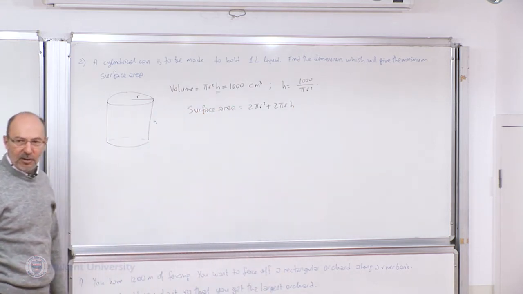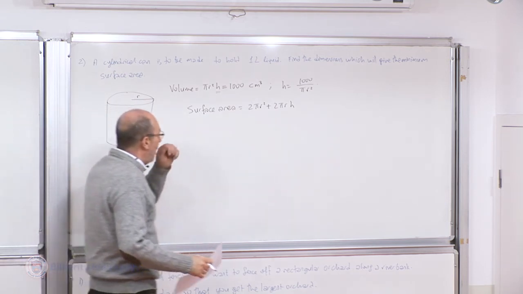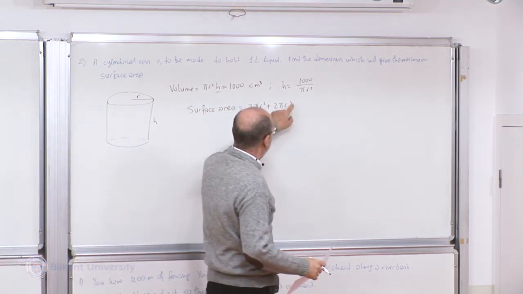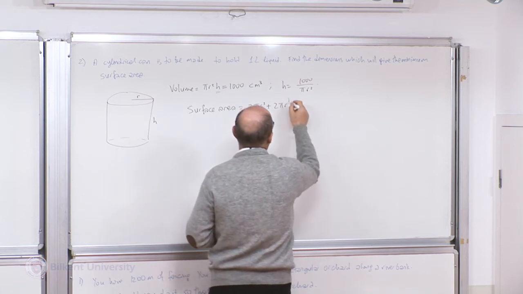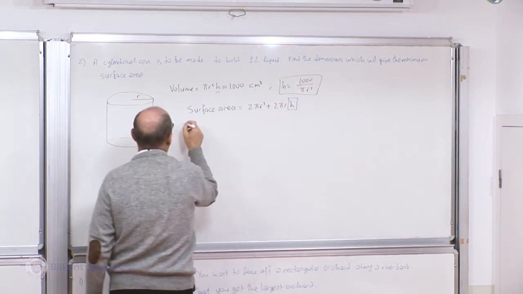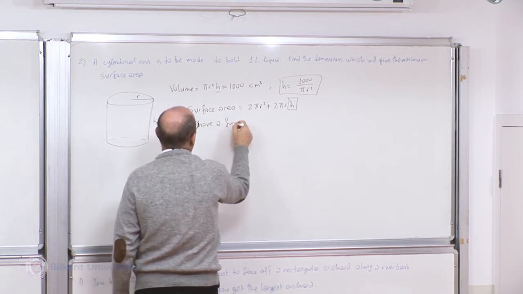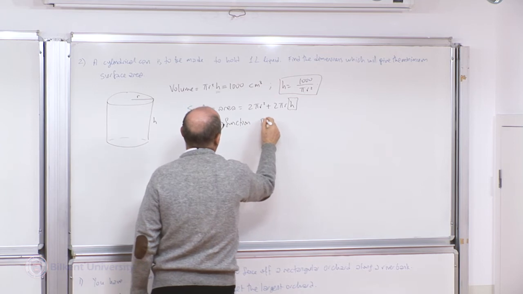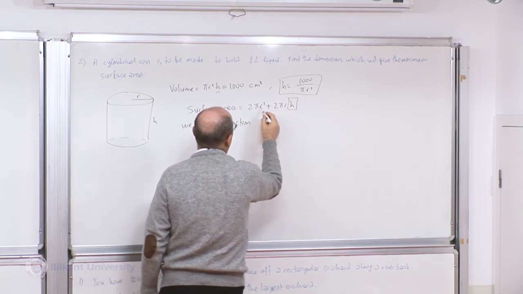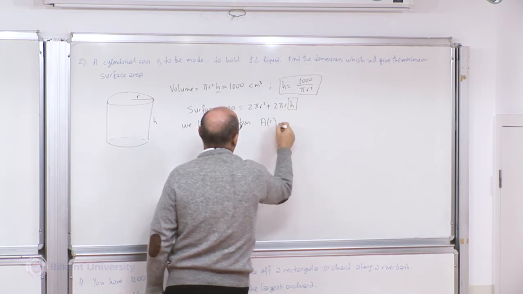Okay, so that's the surface area. Now I replace this h with this number here. So we have a function. A depends on r. Okay, here I have r. Here I replace this and I have r.